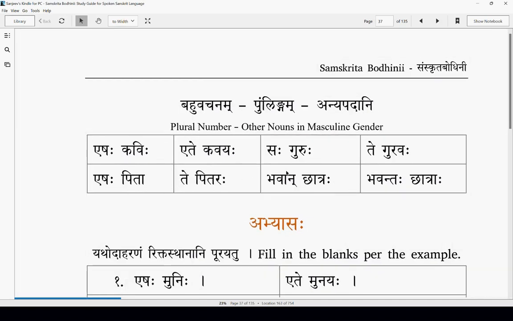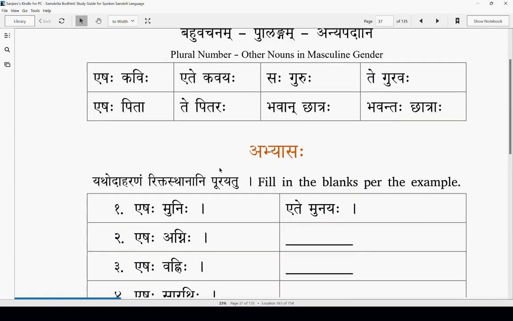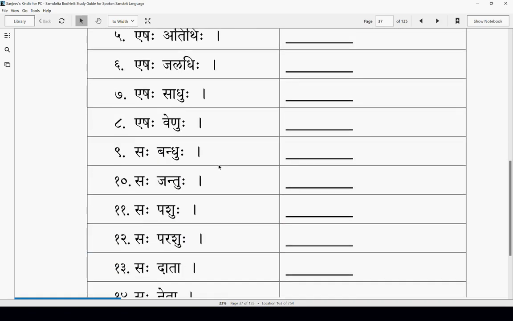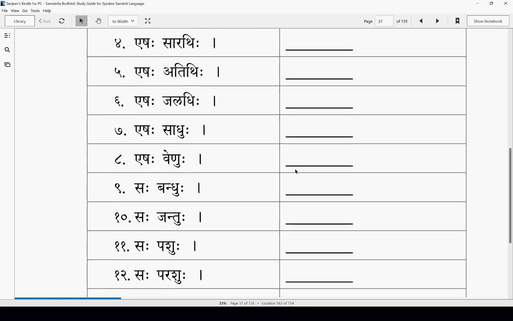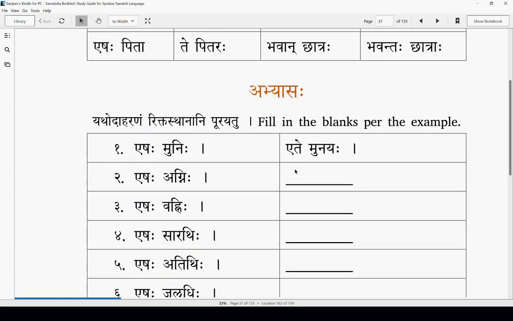Pita, Data are alike in Ekavachanam, and Bahuvachanam becomes Dataraha. There is one change here. Data, Neta, Karta are Rukaranta Shabdas, but in Bahuvachanam they are not like Pita, Pitaraha. They are slightly different.